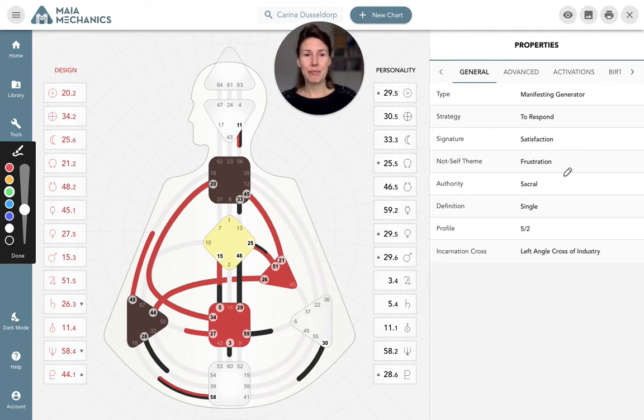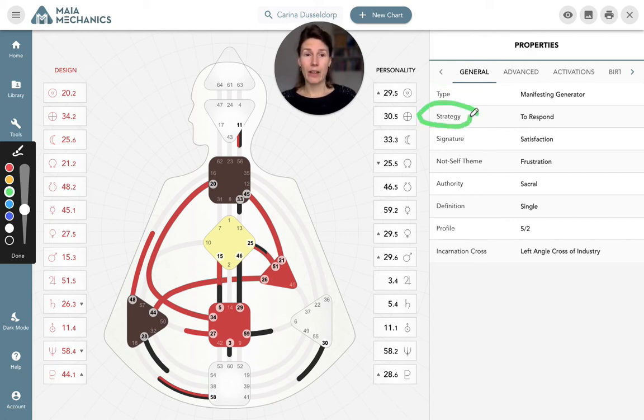And the only place actually that's reliable for me to make decisions from in response is my sacral center. So which is your authority. So you have the type, which is the aura.